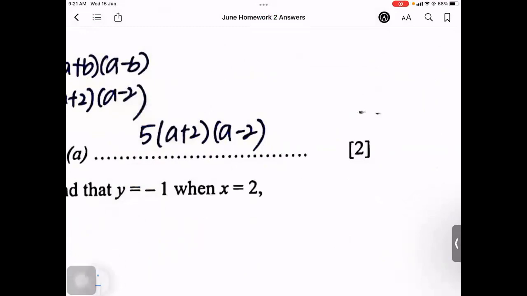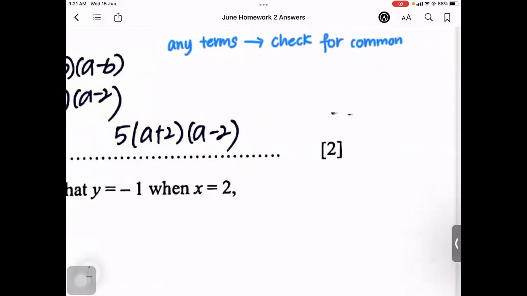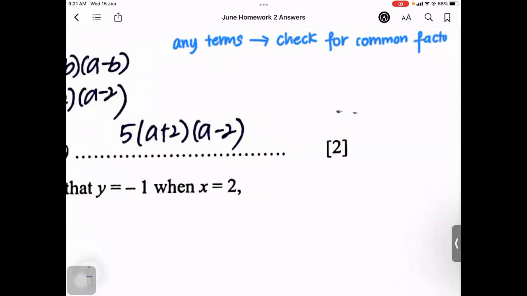If there is any number of terms, the first thing that we always do is check for common factors. This is very important. Before you can do any type of factorization, always check, are there any common factors? For any number of terms.